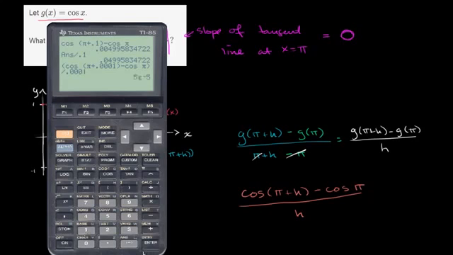And what do we get? 5 times 10 to the negative fifth. So you see clearly that we're getting really small numbers, that this expression is approaching 0.